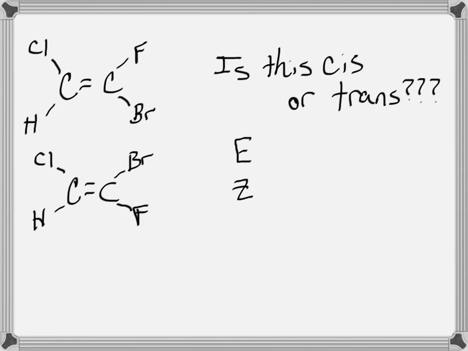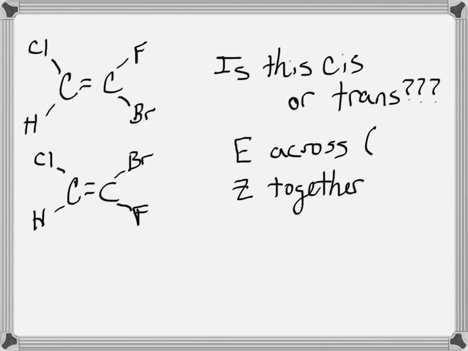E is from a German word meaning across, and the Z is a German word meaning together. And so when you see E and Z nomenclature in the name of a molecule, it really is just a cis-trans system, but it handles more complex alkene structures, just like we have there on the left.